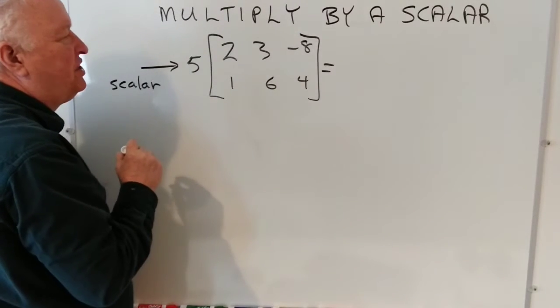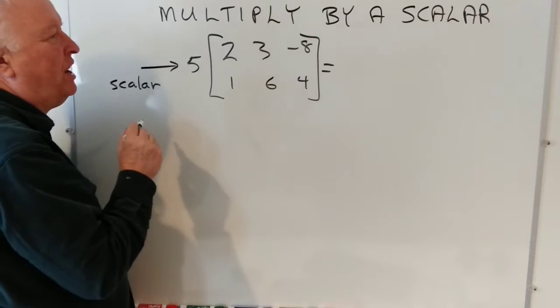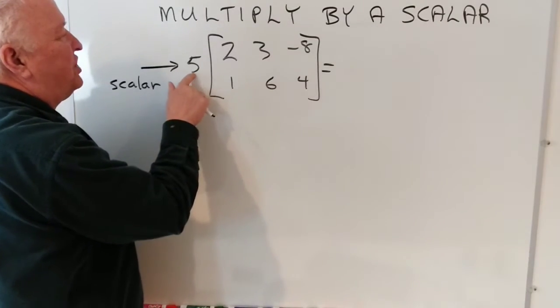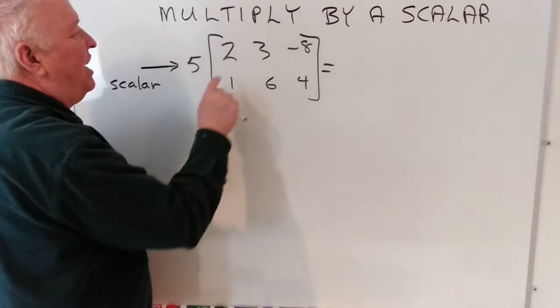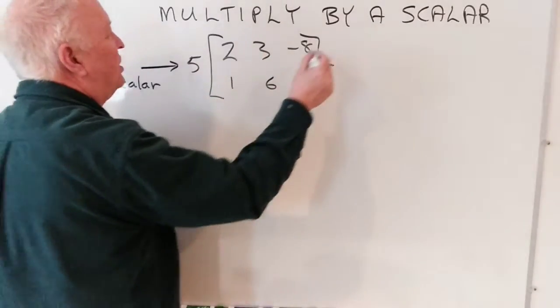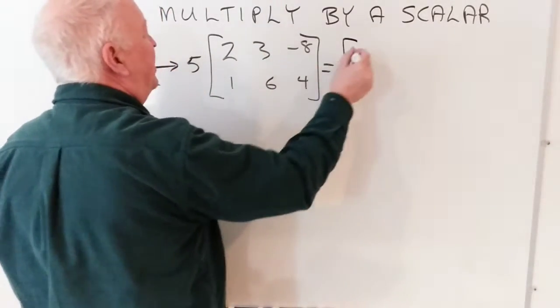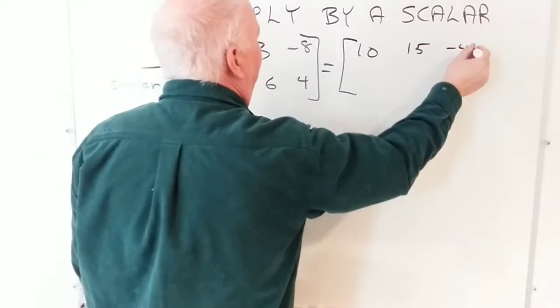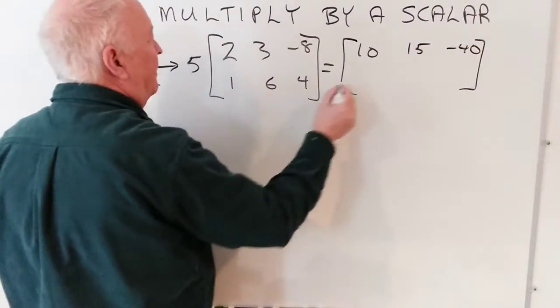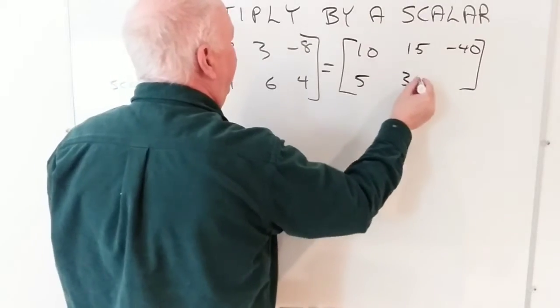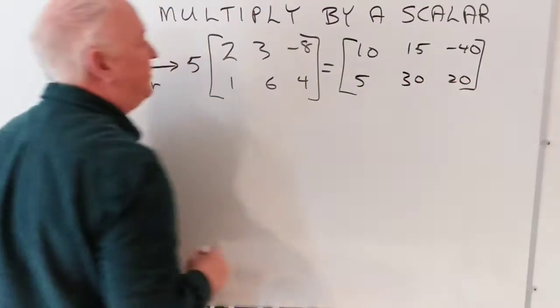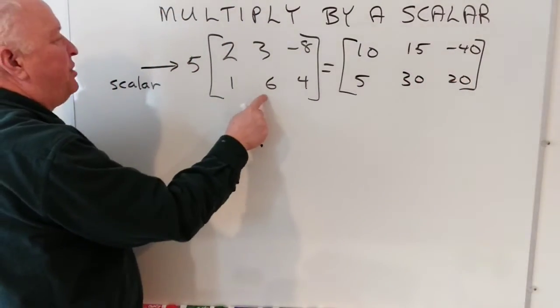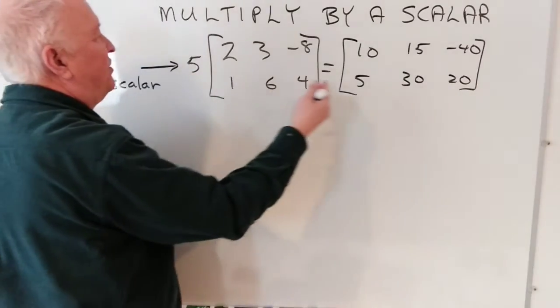And yes, we do define a way of doing that, and that's to multiply the scalar by each element in the matrix. So this would become 10, 15, negative 40, 5, 30, and 20. And there we've taken a matrix times a scalar, and that gives a new matrix.